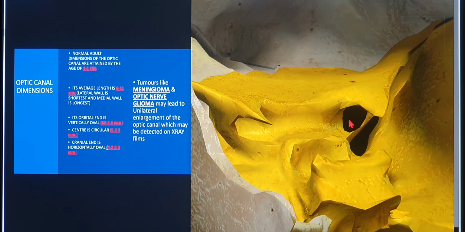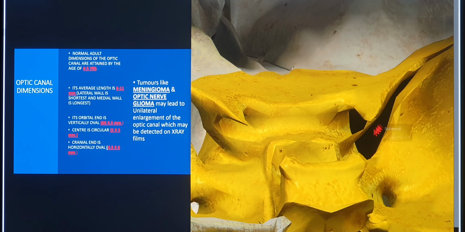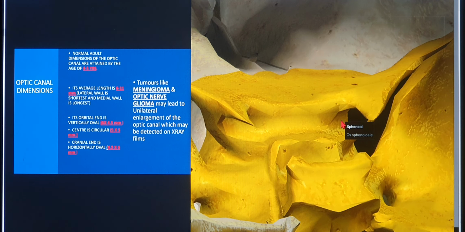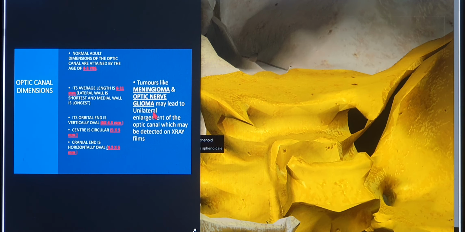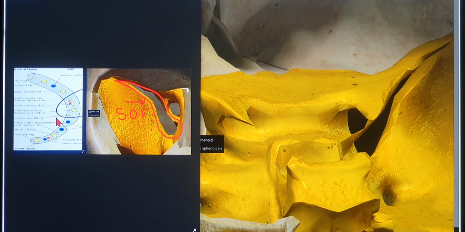So as you can see, this is the region of the optic canal, and that's the region of the superior orbital fissure. So we have the optic nerve and the ophthalmic artery right here. As you can see over here, we have an anatomical diagram on the screen. If I can just zoom this.